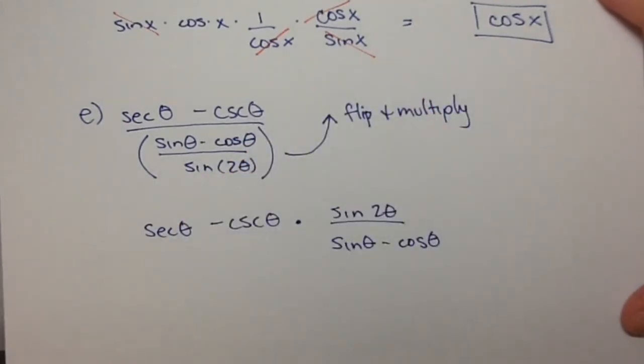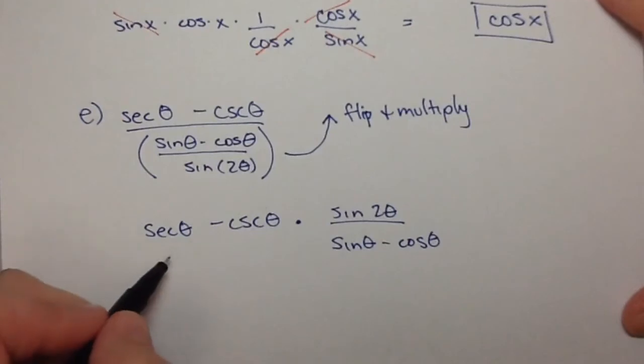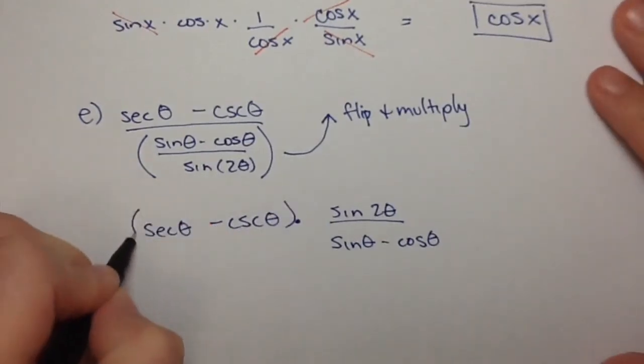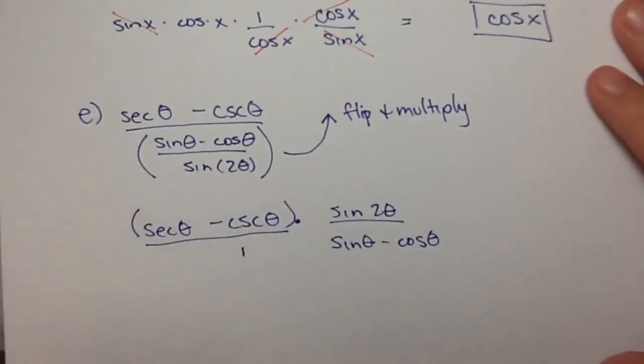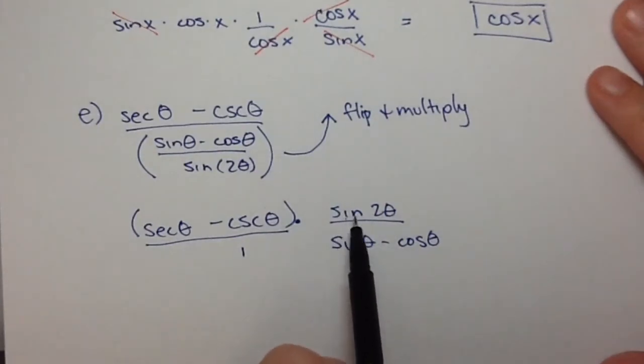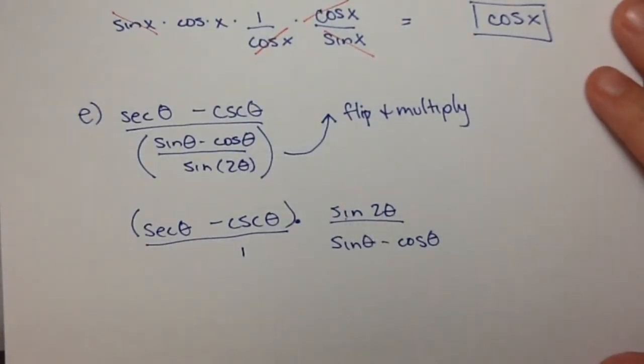All right, but now with this expression, I'm going to expand out this sine of 2 theta, and I'm going to change secant and cosecant into sines and cosines.